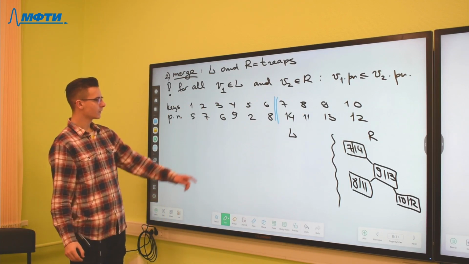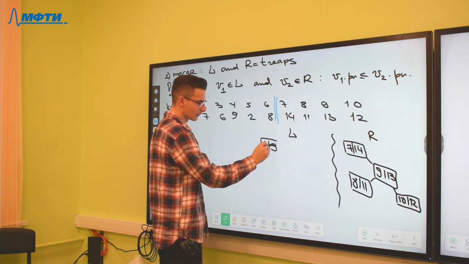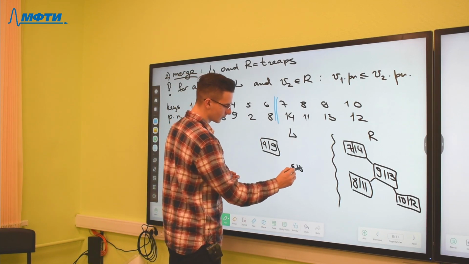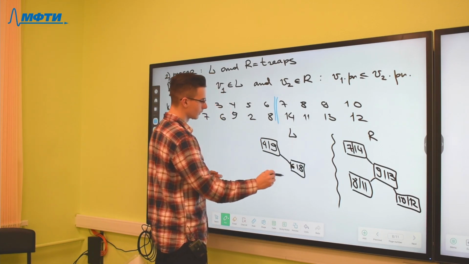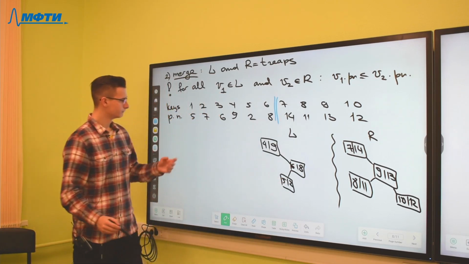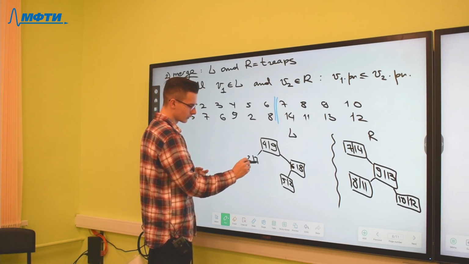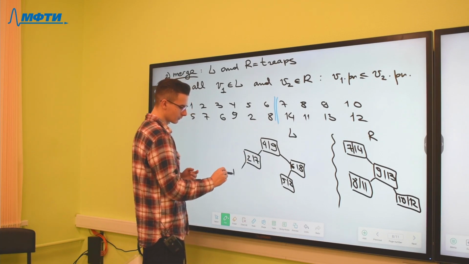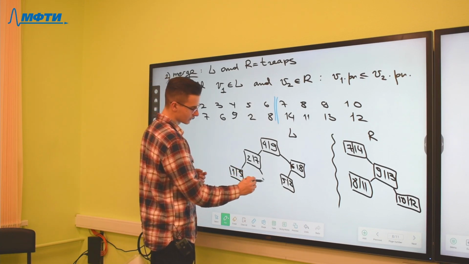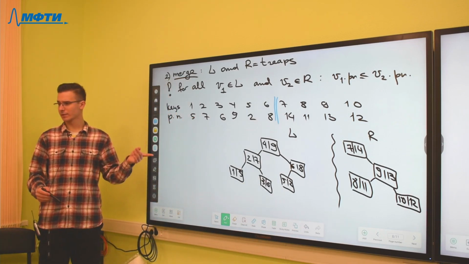And on the left, 9 is the root. Then here is 6, 8, and 5, 2. In this way to 7 and with 2 children, 5 and 3, 6. Okay. Is it understandable how to build it?